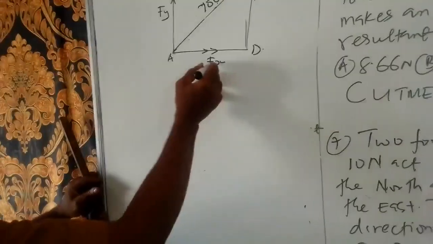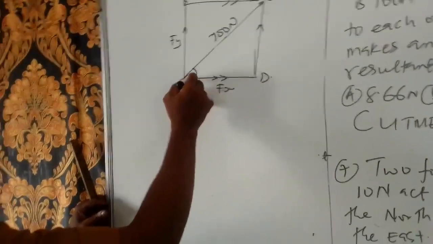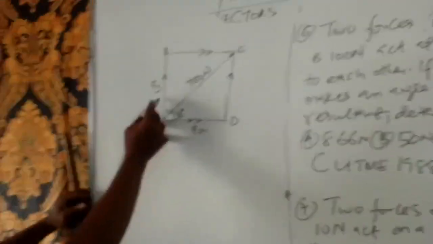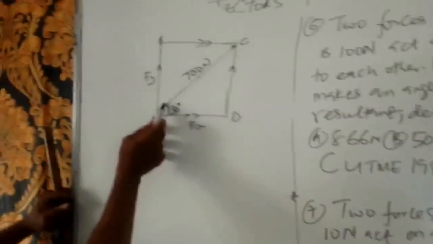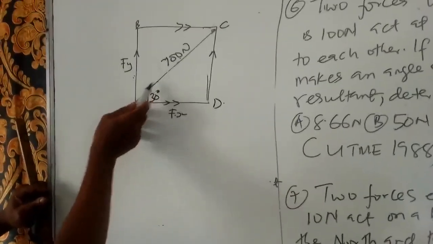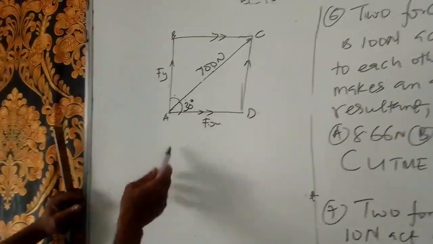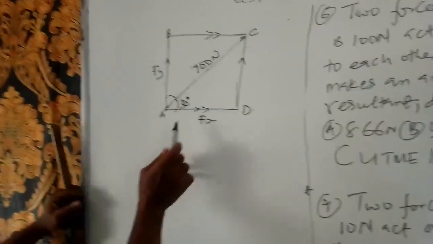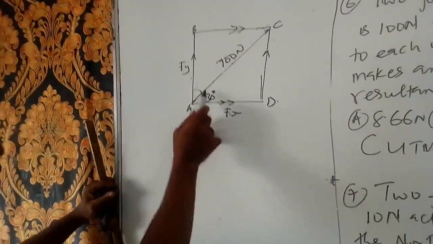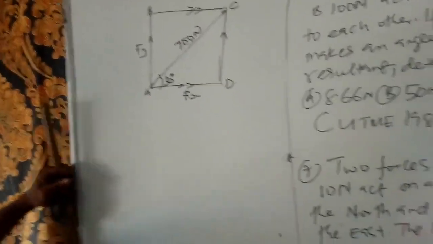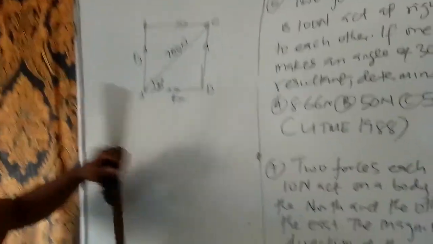So let Fs be the one that makes 30 degrees with the resultant. So put the angle here. If you want to choose Fy, then the angle will not be there, because the angle between Fy and the resultant will be at the other point. But since we chose Fs, the angle between Fs and the resultant, we'll put it here. Since they say take one of them, whether you are using Fy or using Fs, you get the same answer.